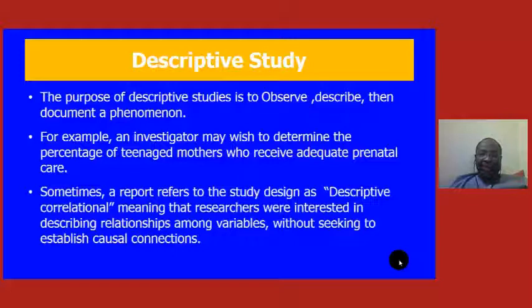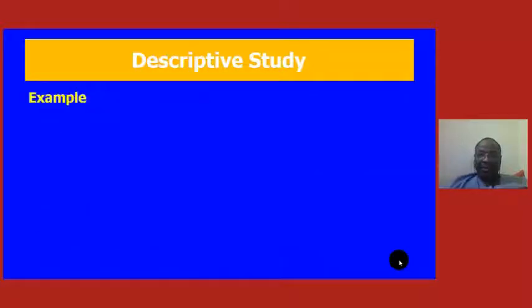Sometimes a report refers to the study design as descriptive correlation, meaning that researchers were interested in describing relationships among variables without seeking to establish causal connections.